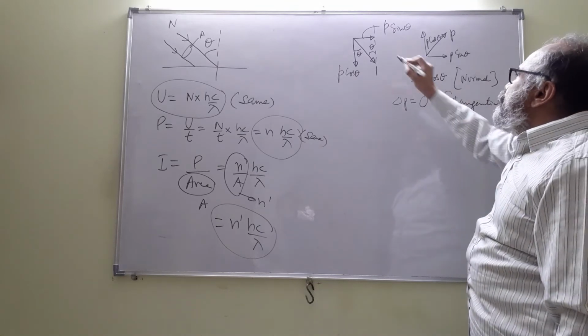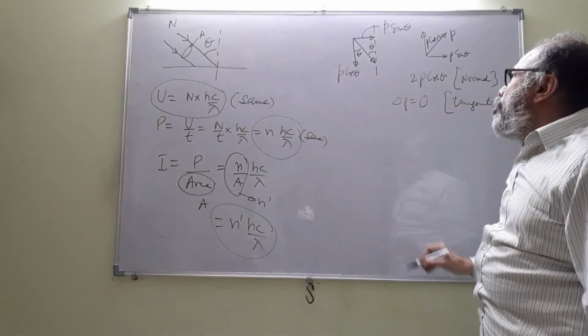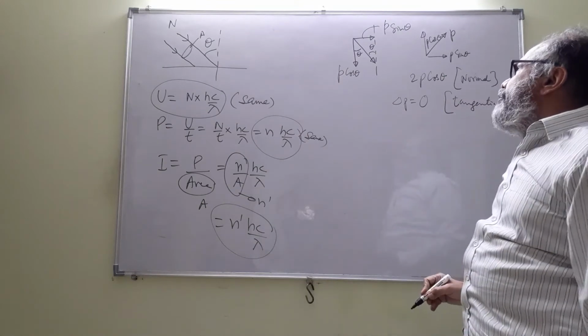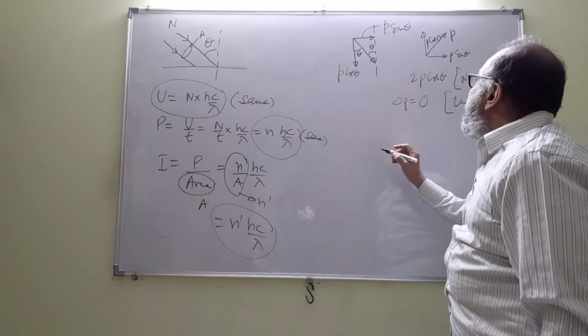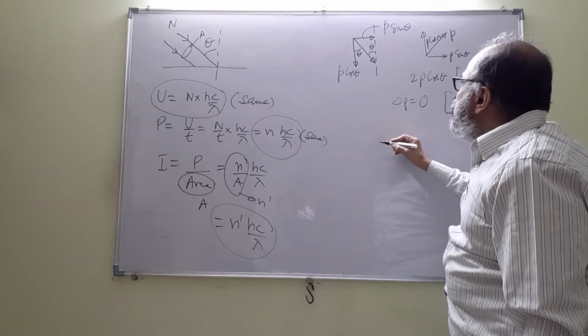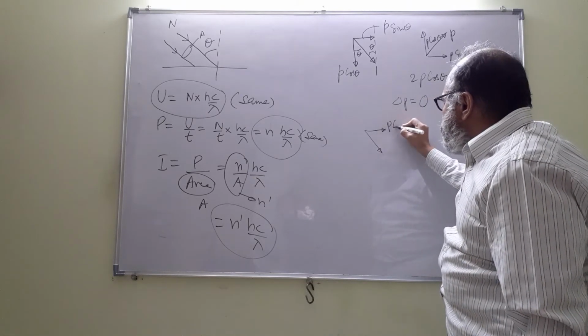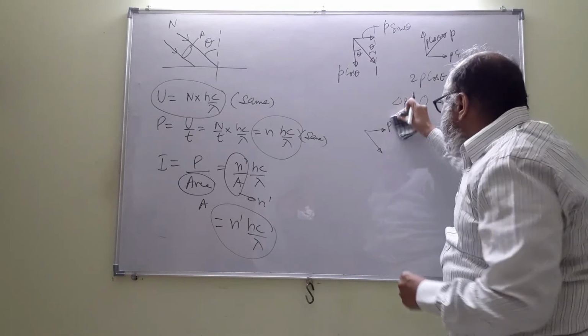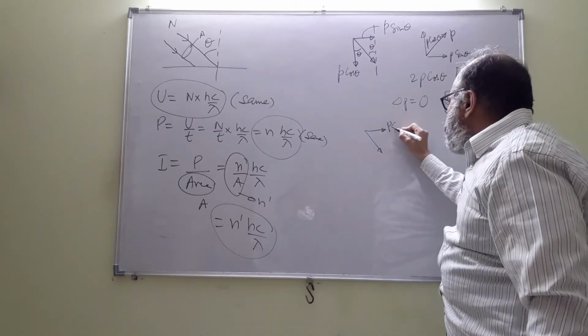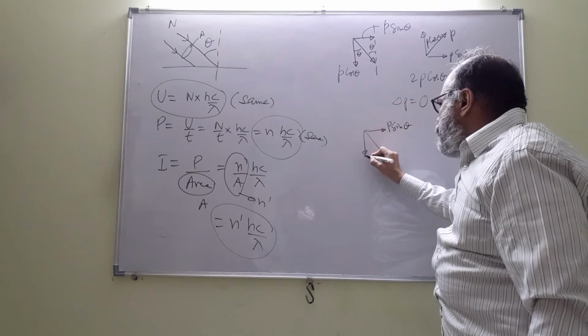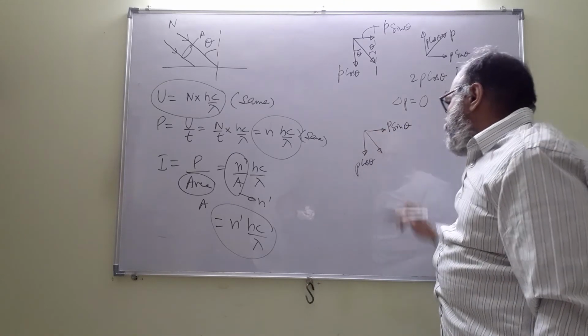This is for a reflected photon. Now, if you have an absorbed photon, what happens? If you have an absorbed photon, you will find that this is p cos theta, this is p sin theta.